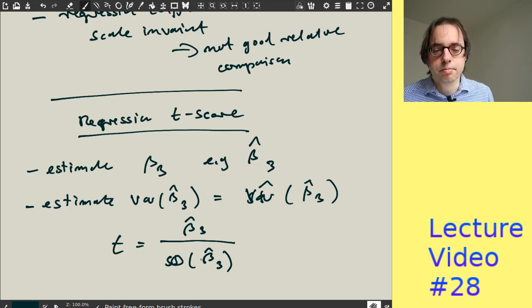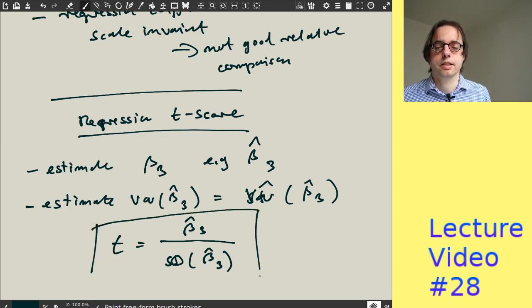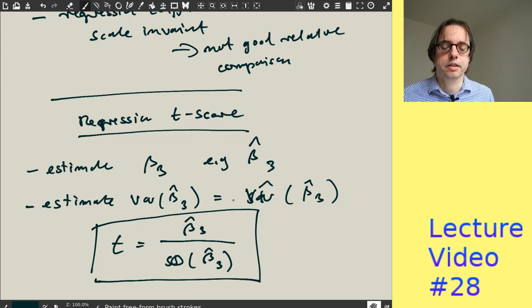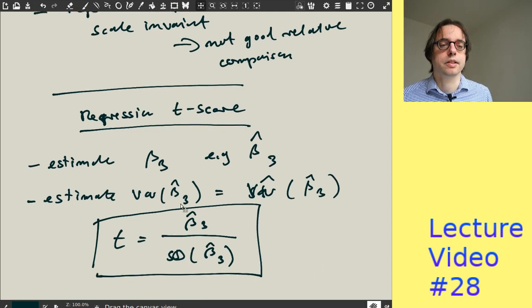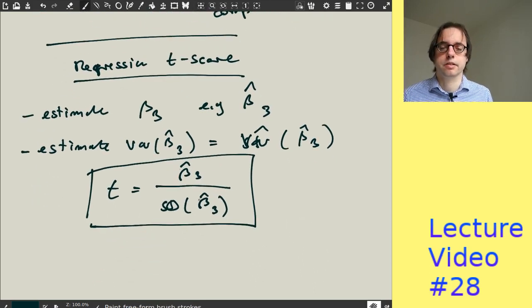So this is basically the test statistic, like the Wald test statistic, because if you recall, in the Wald test statistic, we subtract the value that we're testing, and if we test whether it's zero, then this would be our test statistic. So if this is large, then we can reject the notion that this is zero. So this is why this is important.